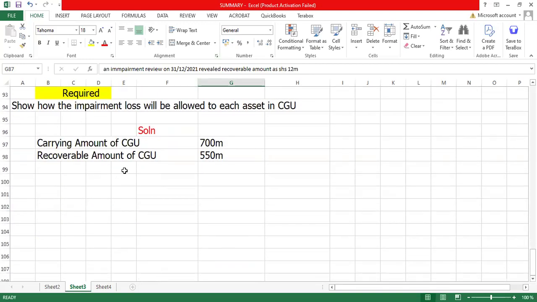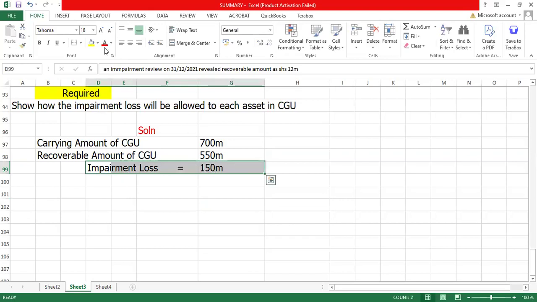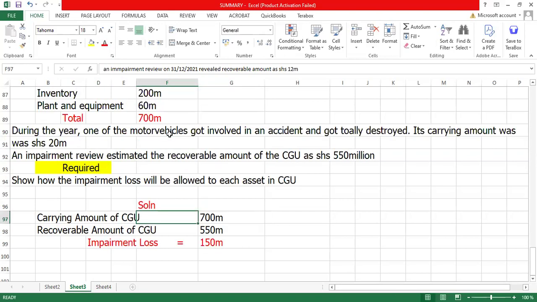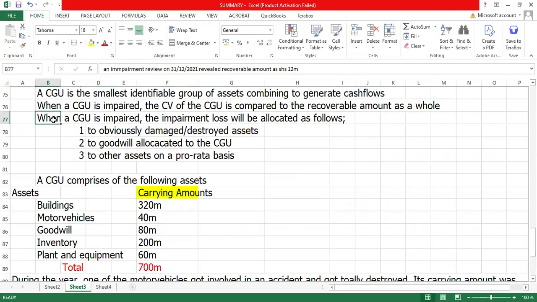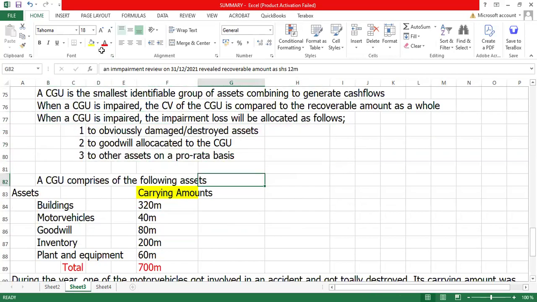So here our CGU is impaired. You have the impairment loss. The difference is the 150 million. That is the impairment loss. And this impairment loss, the standard says that you must allocate following this order.